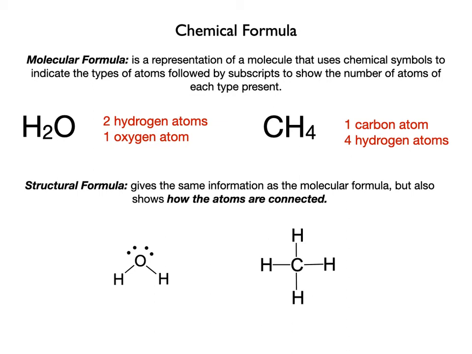And so water would look like this, CH4 would look like this. We'll talk about that in chapter 4. For now, what we want to be able to do is use our molecular formulas to understand what is the mass of this, how many moles of this are present in a given quantity.